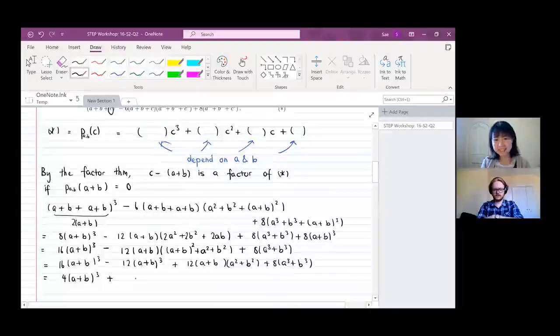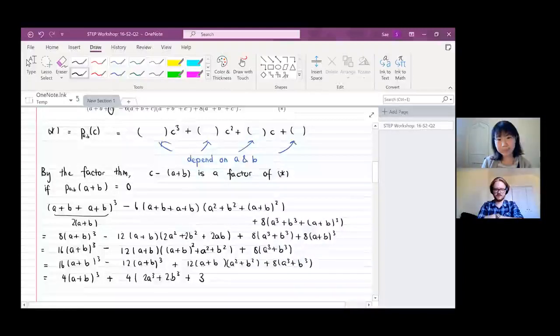And then this is 8, well, I'll pull out a 4. 2a cubed plus 2b cubed. And then what is this? This is 3. Is there a minus? There is a minus sign missing here.